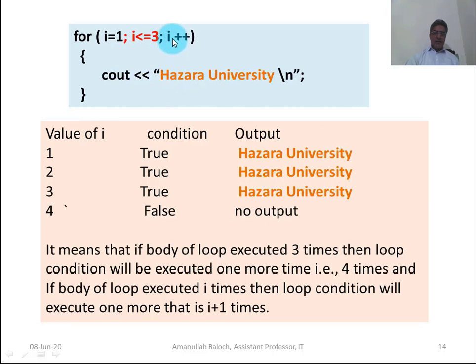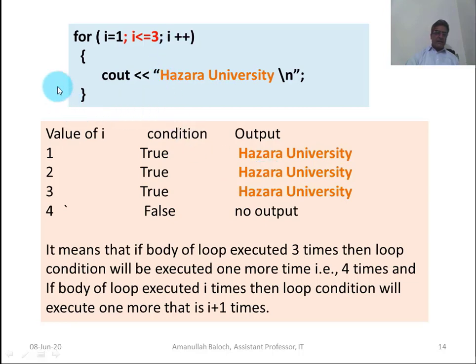Next time I is incremented and becomes 2. 2 less than 3, yes, the condition is true, so the computer will execute the body of the for loop and Hazara University will be displayed.